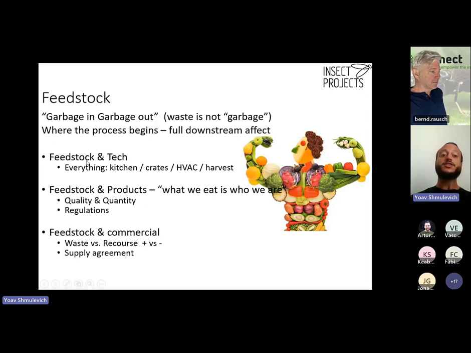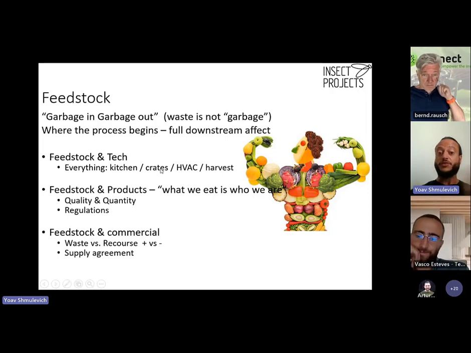To explain better feedstock, let's talk about what is the connection between feedstock and technology. Well, very, very strong connection here. Your feedstock will affect your kitchen or your feedstock preparation plant, obviously. It will affect the medium that you're going to use to grow, if it's crate, if it's shelves, if it's racks, very related to your feedstock. Your HVAC system, HVAC stands for heating, ventilation, air conditioning.